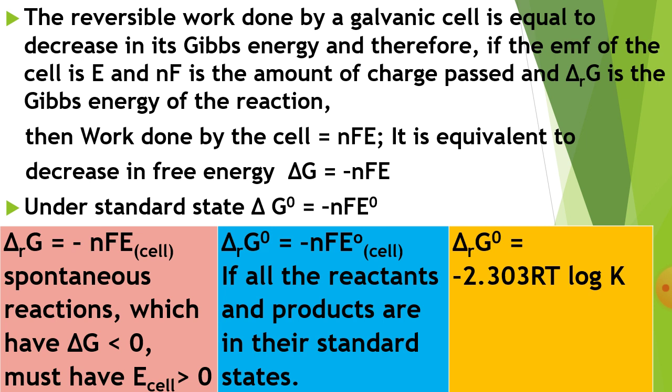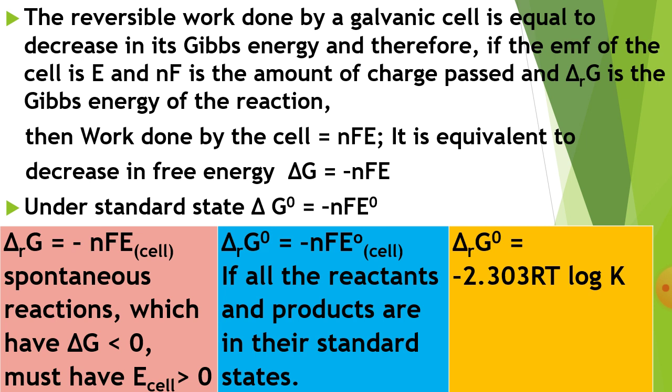Therefore, if the EMF of the cell is E, nF is the amount of charge passed, and delta r G is the Gibbs energy of the reaction. Here delta means change, r means reaction, G means Gibbs energy. Then work done of the cell will be equal to nFE. It is equivalent to decrease in free energy, that is delta G equal to minus nFE, that is delta G equal to minus maximum work done, that is useful work done.